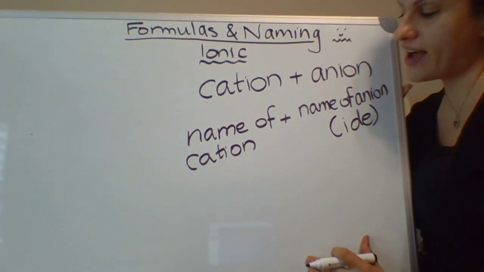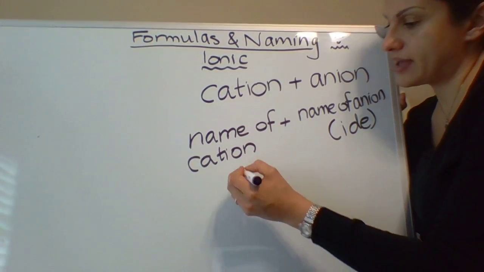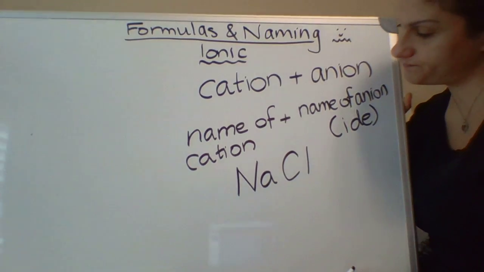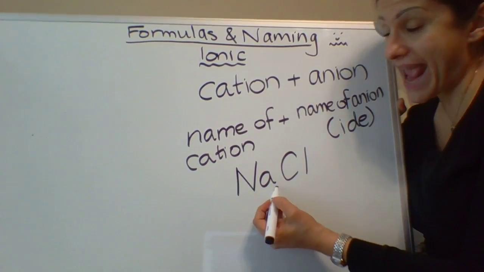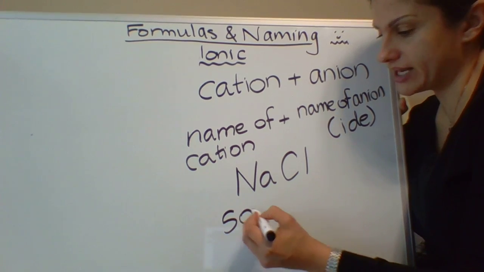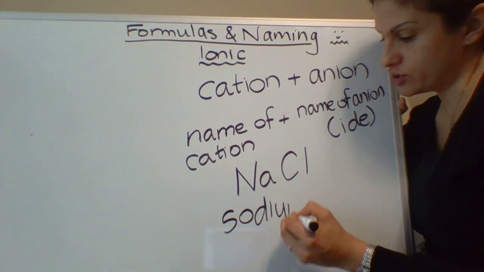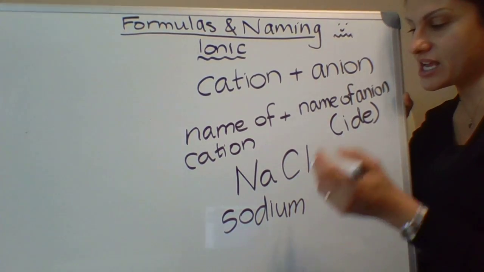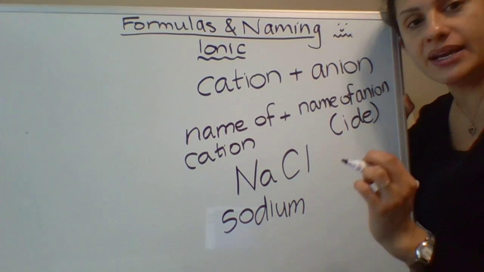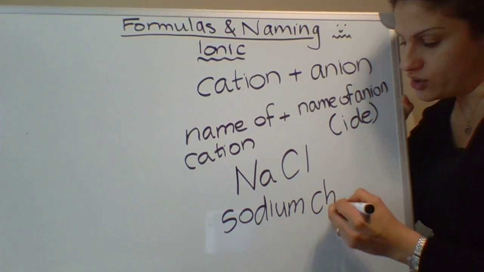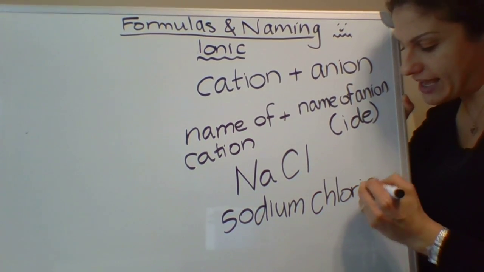So what if I had NaCl? So Na is sodium, straight from the periodic table. Sodium. This is chlorine, but instead of chlorine, I say chloride.